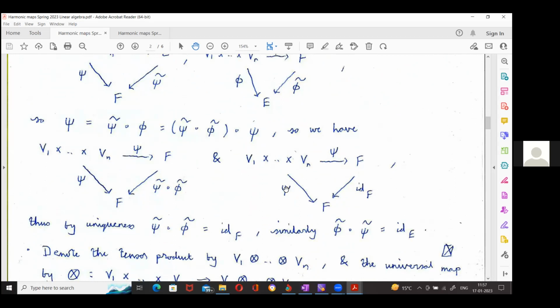But ψ also factors through ψ with the identity map of F. But then in the universal property, when you factor through the map ψ, the corresponding linear map is unique. That's part of the universal property, that there is a unique linear map from the tensor product to the given vector space so that you factor through that. So by uniqueness, ψ tilde composed with φ tilde has to be the identity map of F.